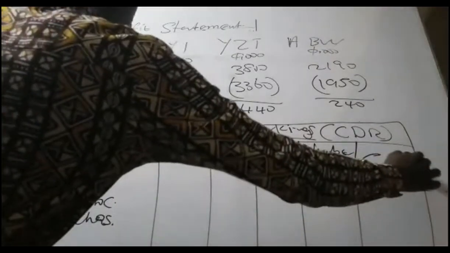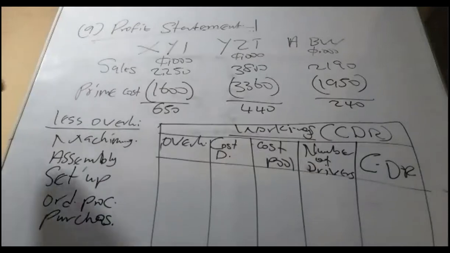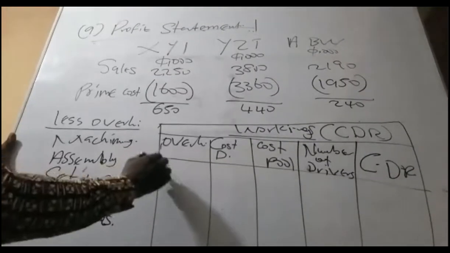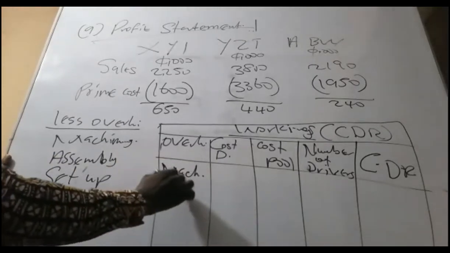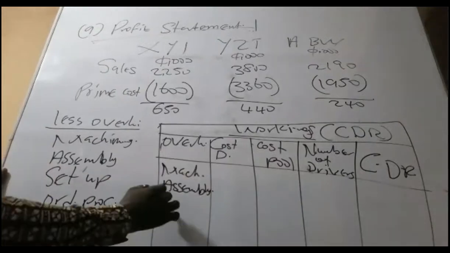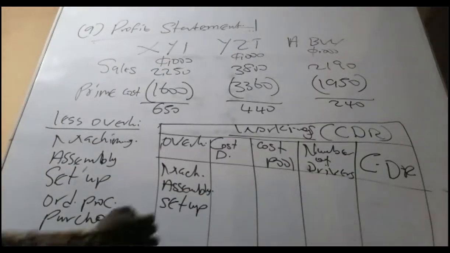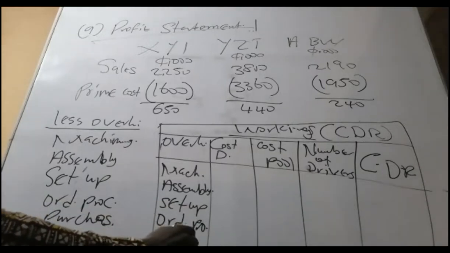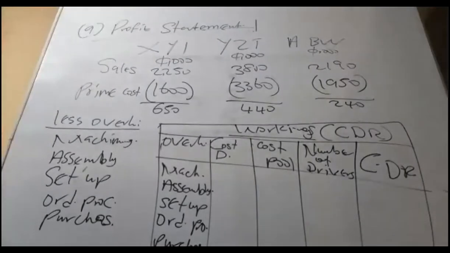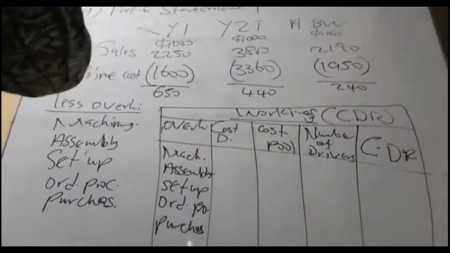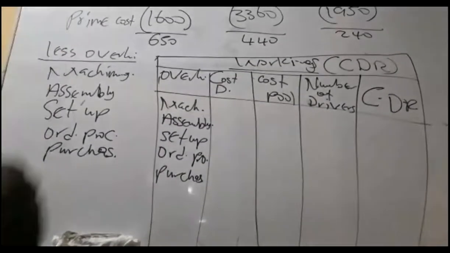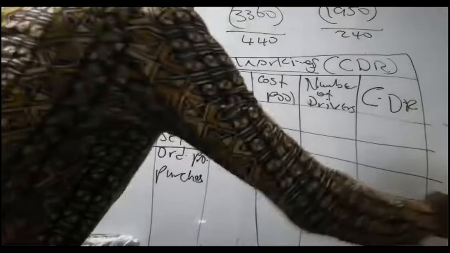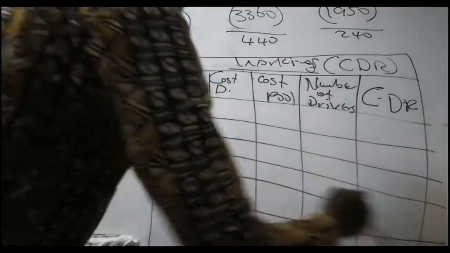Then the cost driver rate. Then you list all the five overheads: machine, assemble, setup, order processing, purchases. So that is what we need to fill in.